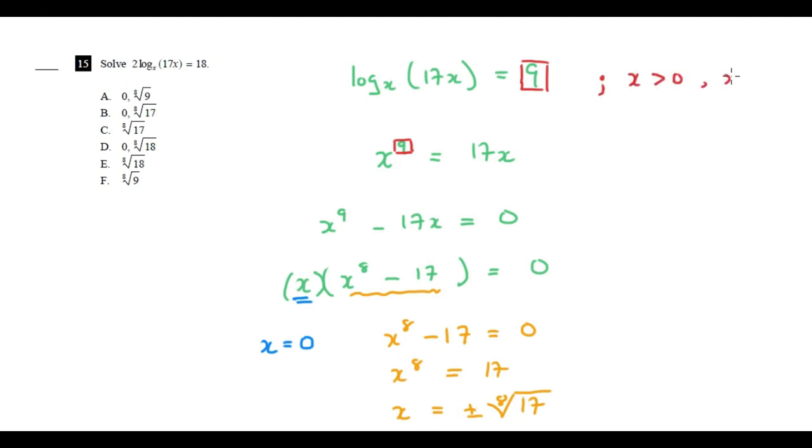And I guess if you want to tack on, x can't be equal to 1 as well, but that's not relevant here. We didn't get any x values of 1 in our answers, so x can't be 0, so that excludes that. And of course it excludes the negative option from our x to the power of 8 equation. So the correct answer is simply going to be x equals the 8th root of 17, which it looks like letter C is the correct answer.